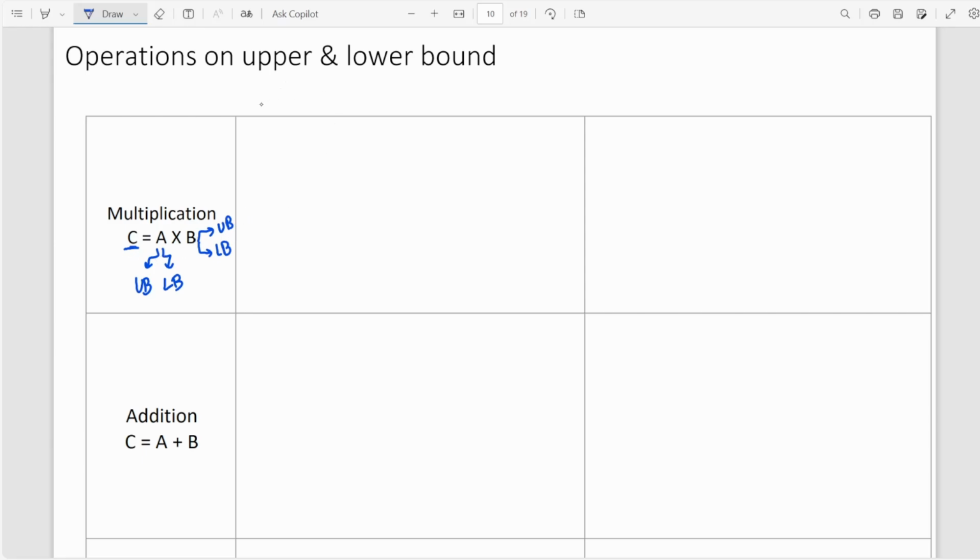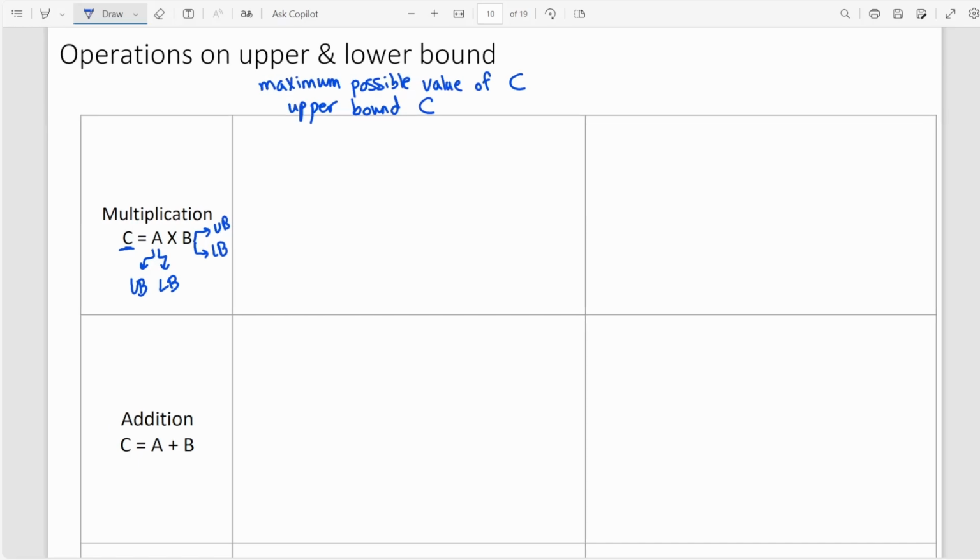Let's say you want to achieve the maximum possible value of C, or the upper bound of C. The maximum possible value and the upper bound of C are the same thing, so we're going to be using these terms interchangeably, okay?